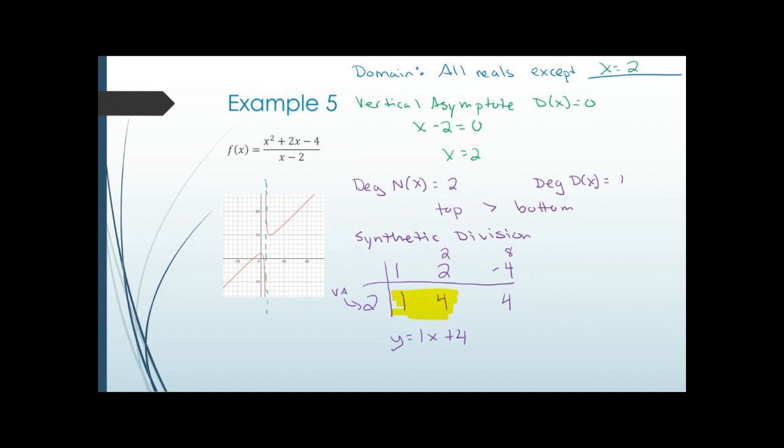It's because it's a line, it's mx plus b format. So if you had y equals 1x plus 4 and you graphed it, it would follow this slanted line here. So it's called a slant asymptote or oblique asymptote.